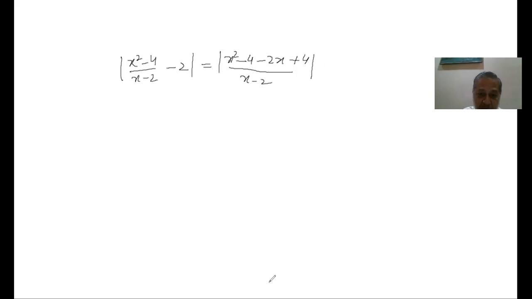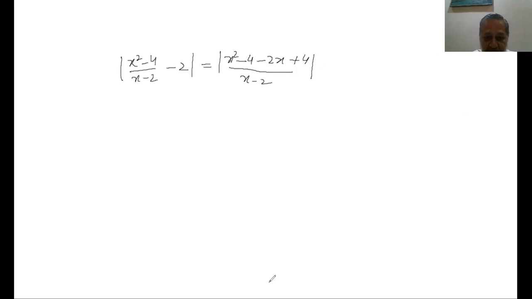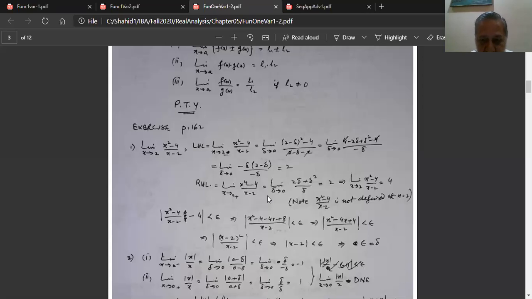I'm not in the right frame of mind. I suppose I am doing something seriously wrong. Why would I do it with minus 4? 4 is not the limit.